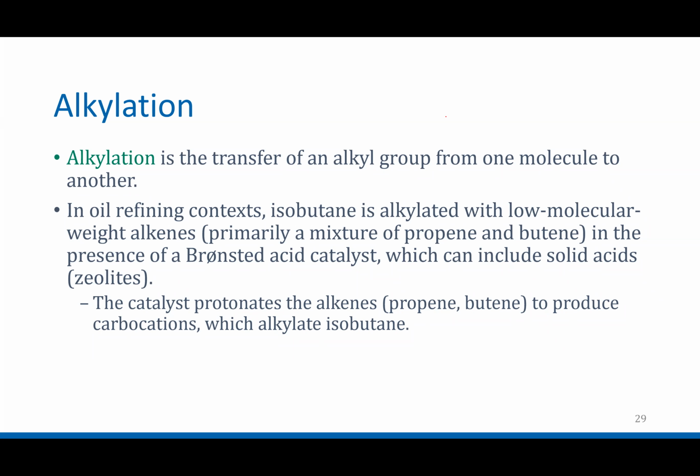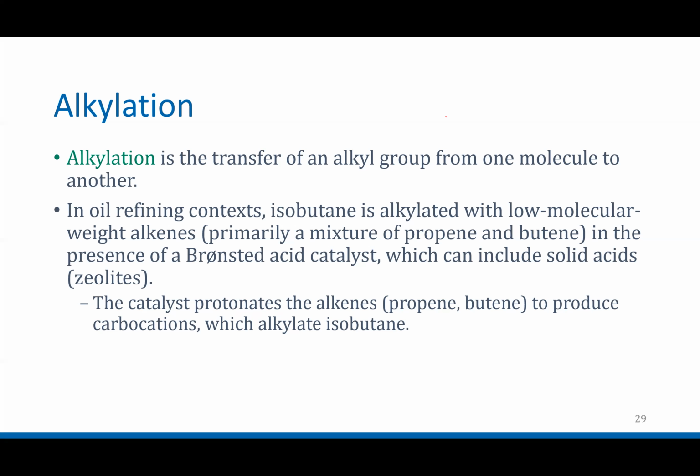So that's the chemistry definition. When you're talking about oil refining, typically isobutane, which I'll show you on the next slide or the one after that, is alkylated with low molecular weight alkenes with an acid catalyst.